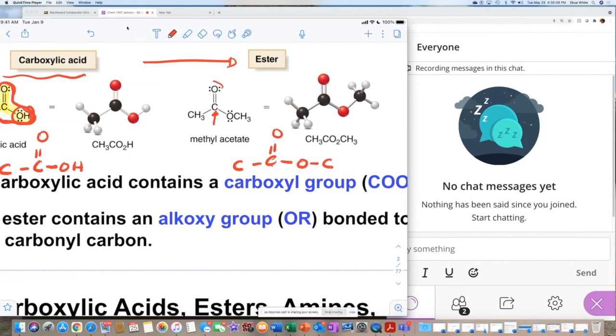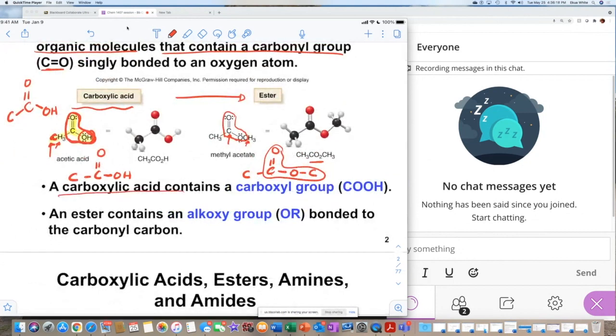Okay? So a carbonyl group here, in the place of having the hydrogen, we have a carbon. So this combination of atoms here tells you you have an ester. So you have to have at least this, and this, ester. Okay? So we see this right here. Carboxylic acids contain the carboxyl group, that's the group right here.